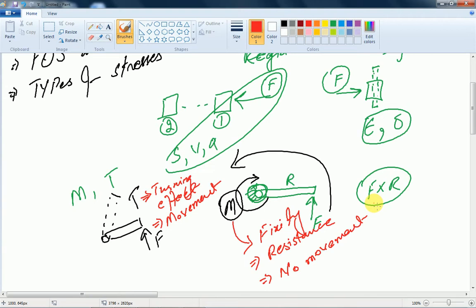This was the main difference between torque and moment. Now we can add some kinds of supports and their reactions.